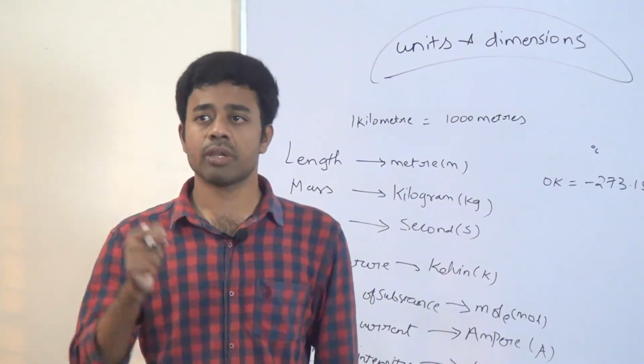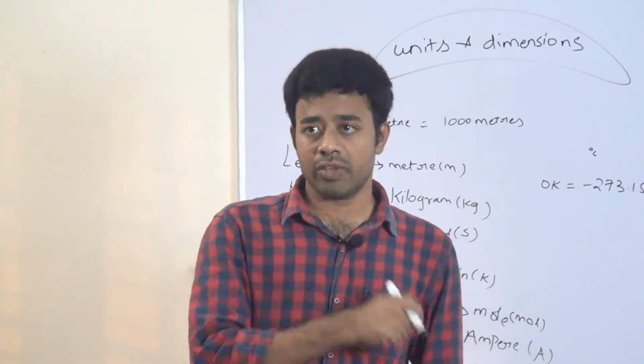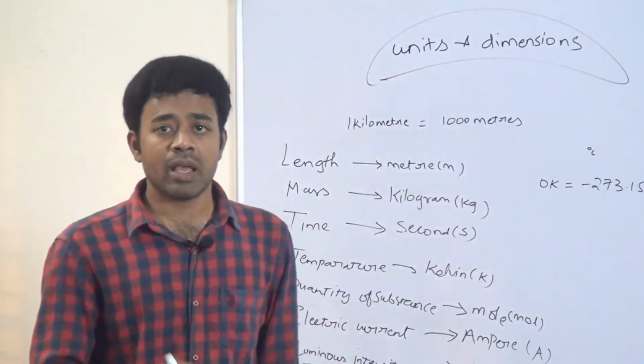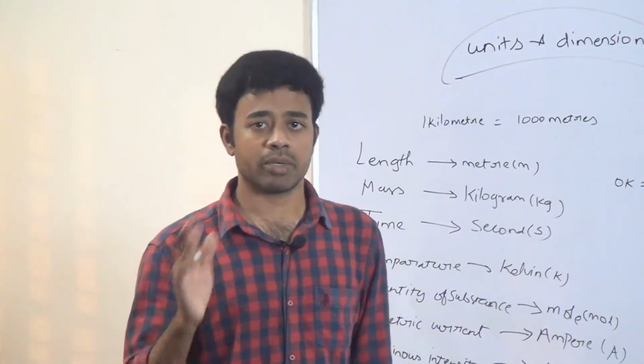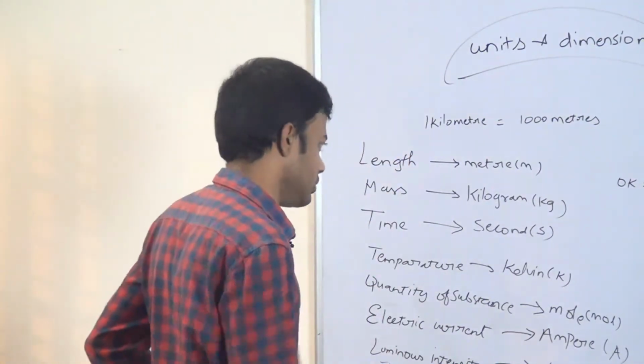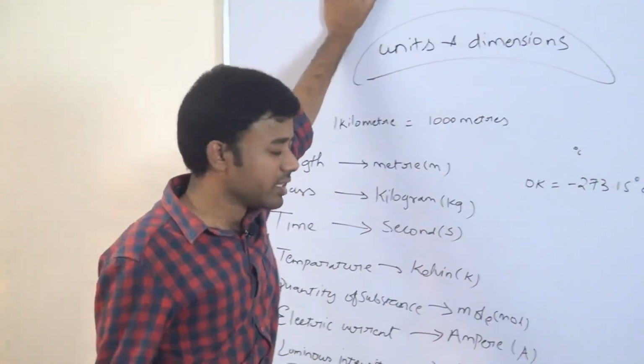So in place of degree centigrade, we introduced a new unit called Kelvin, which starts from absolute zero, the minimum possible temperature. 0 Kelvin equals minus 273.15 degrees centigrade.